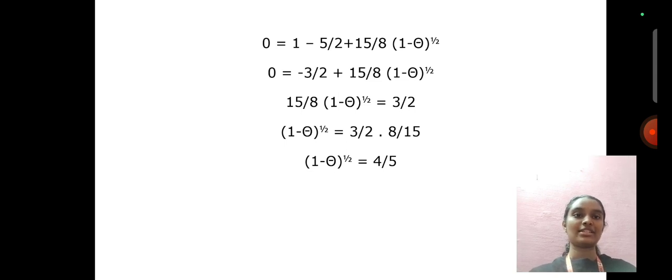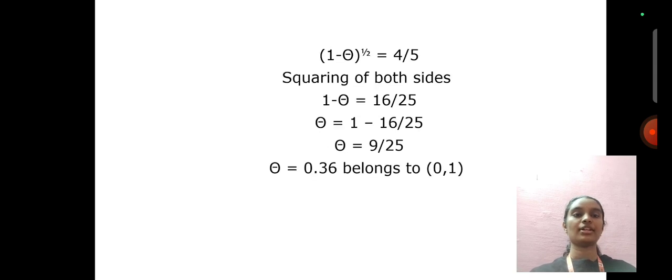If we send -3/2 to the other side, we get 15/8 (1 - θ)^(1/2) = 3/2. Sending 15/8 to the right side, it becomes the reciprocal 8/15, so (1 - θ)^(1/2) = 3/2 times 8/15, and we get the final answer (1 - θ)^(1/2) = 4/5.